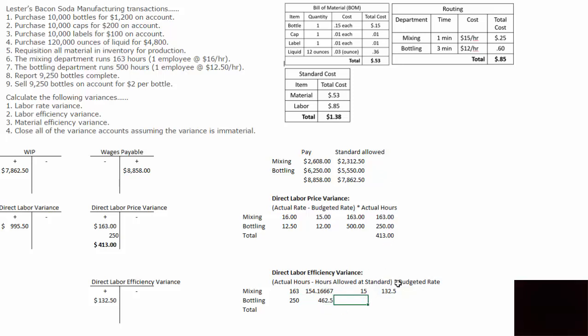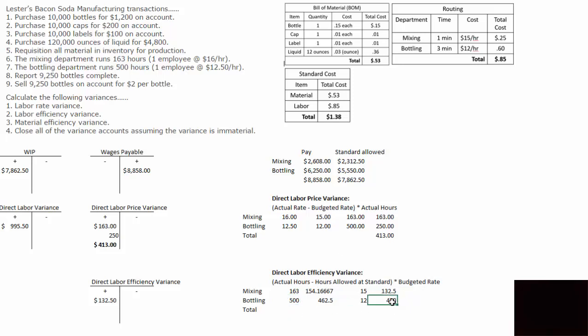My budgeted rate in the bottling department is different than the mixing department. It's $12. Carry this same formula forward, and it looks like I've screwed this up, and the way I screwed this up was because I only took 250 actual hours. That is not right. There are 500 actual hours.